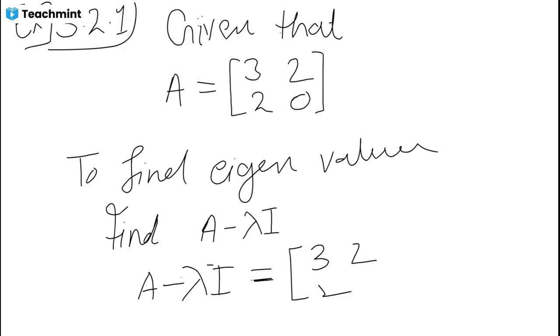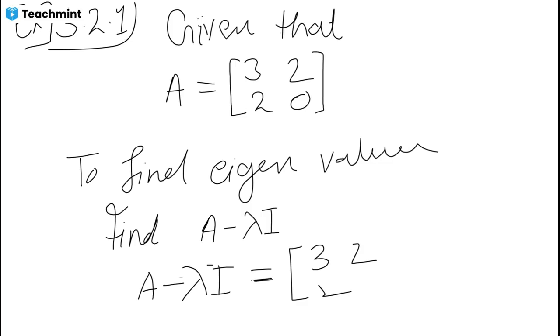Getting these steps, just subtract the corresponding elements. So lambda into I from A gives 3 minus lambda, 2 minus 0, 2 minus 0 and 0 minus lambda. This is A minus lambda I.